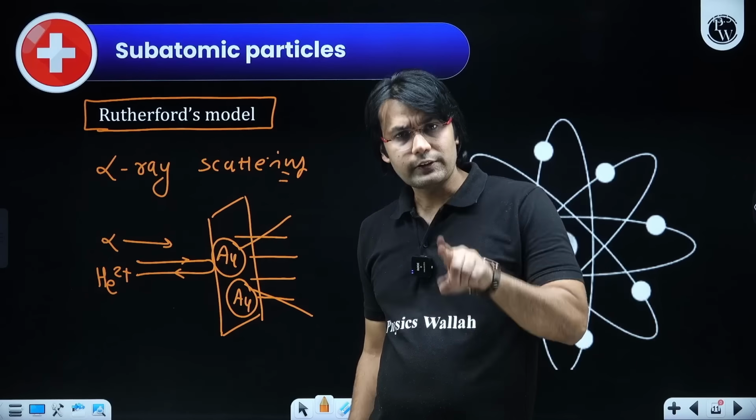But the shapes of 3dx square minus y square and 3dz square are a little bit different. In case of 3dx square minus y square, again you have two dumbbells, but those lobes lie along the axes. In 3dxy, the lobes are in between the axes, but in dx square minus y square, the lobes are along your x-axis and y-axis.